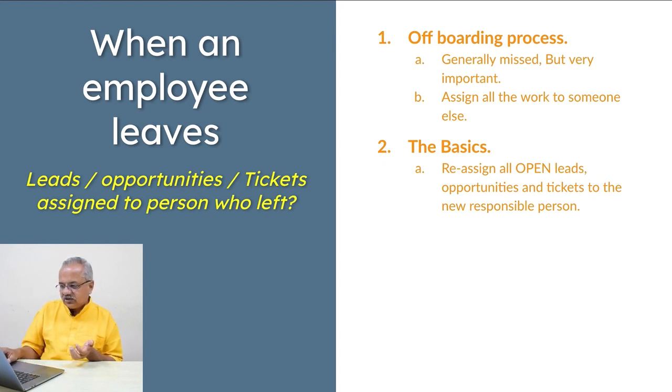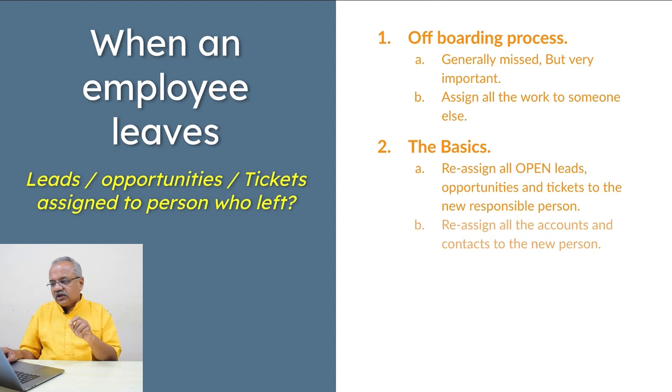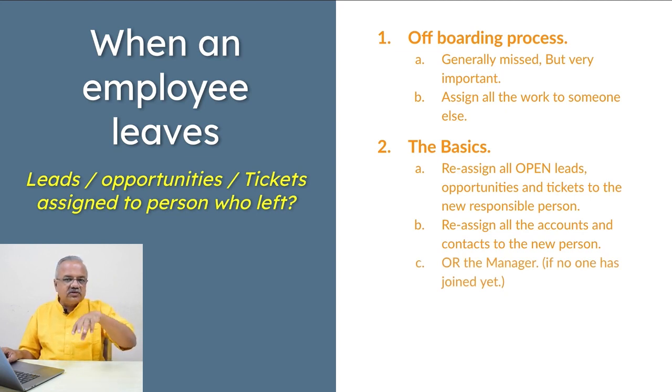If there's no such person, then assign these details to the boss. Assigning them to someone is necessary. Without this, it cannot continue. Contacts and customers of the person leaving, the accounts, and contact and other data should be assigned to a new responsible person.